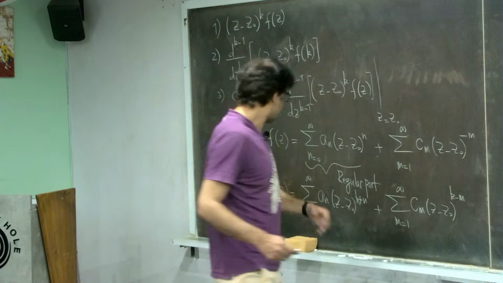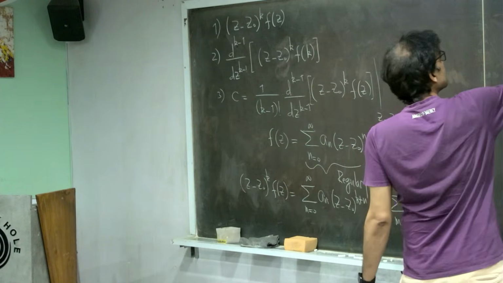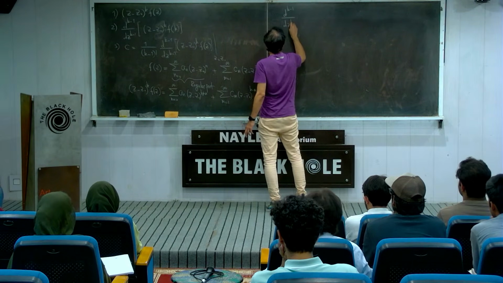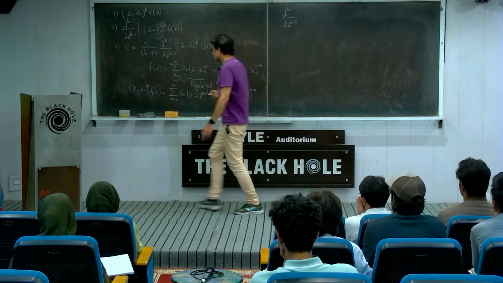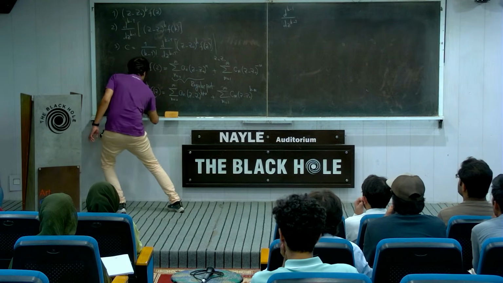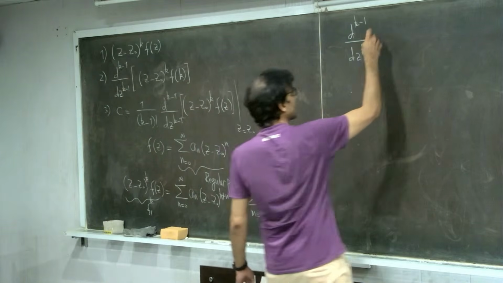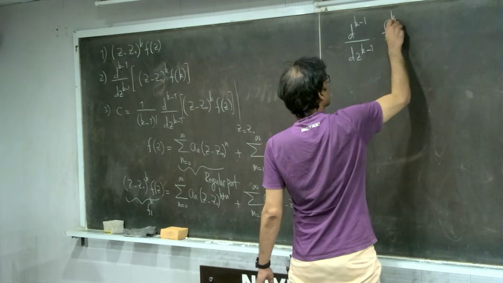So you can write this as d^(k-1) over dz^(k-1). Let me call this something shorter, because I don't want to write it as f1 k, that's too long an expression and it's a waste of time to write it again and again.